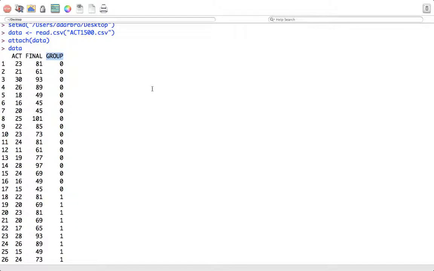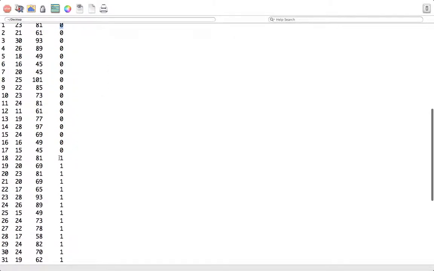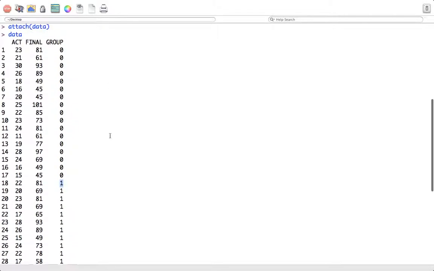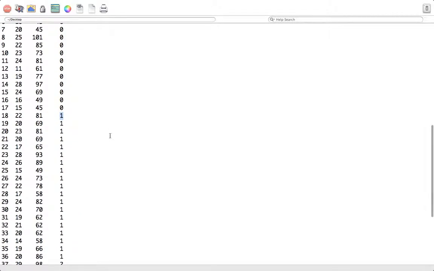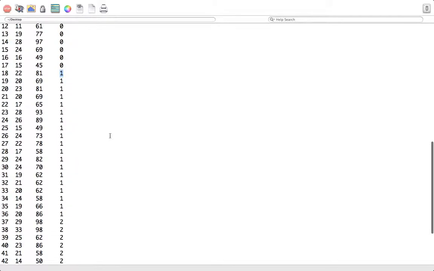some math professors at Shawnee State get together, and they think that there could be a better way to present instruction to Math 1500 at Shawnee. So let's say that Group 0 is typical lecture instruction using MyStatLab, and let's say that Group 1 is typical instruction, lecture using Stats Portal, which is another online course management system in competition with MyStatLab.